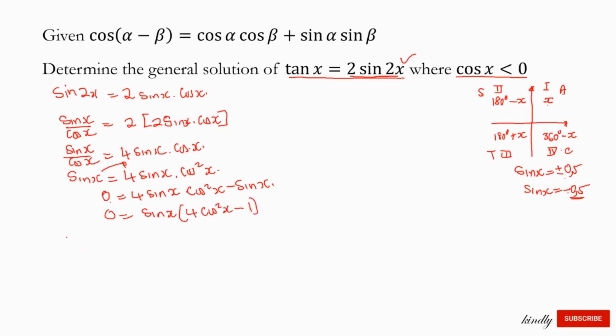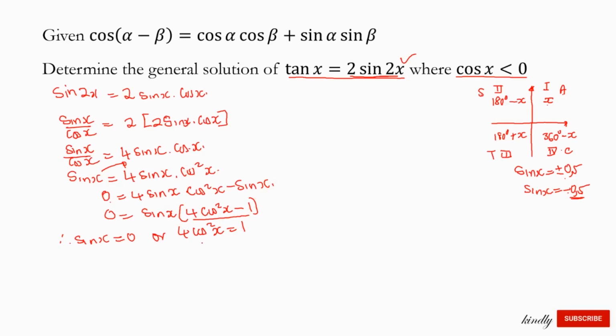Therefore, sine x is equal to 0, or 4 cos squared x minus 1 is equal to 0. So we transpose the negative 1 to the right-hand side, and it becomes positive 1.